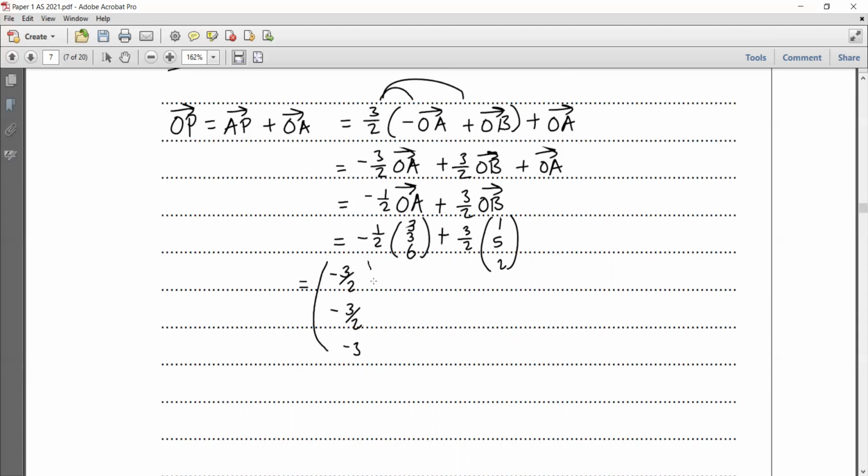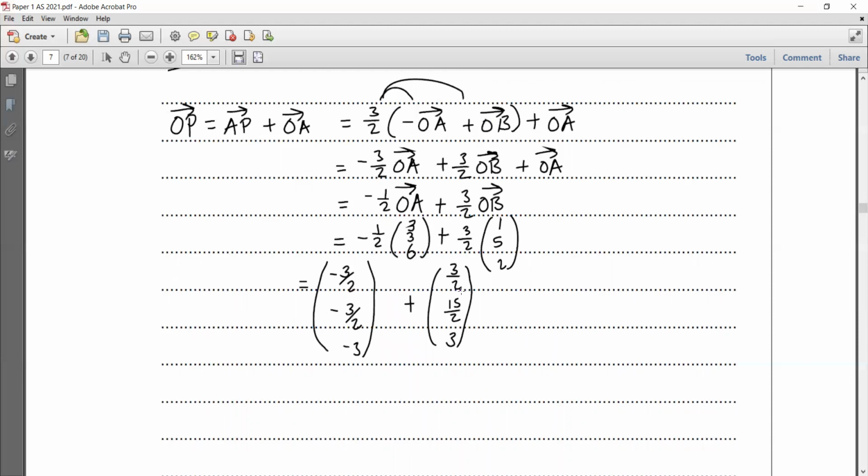That's my first vector, made a little bit bigger so it's clear. And then the next one, I have 3 over 2 times 1, which is just 3 over 2. 3 over 2 times 5, that's 15 over 2. And then 3 over 2 times 2, this is 3.